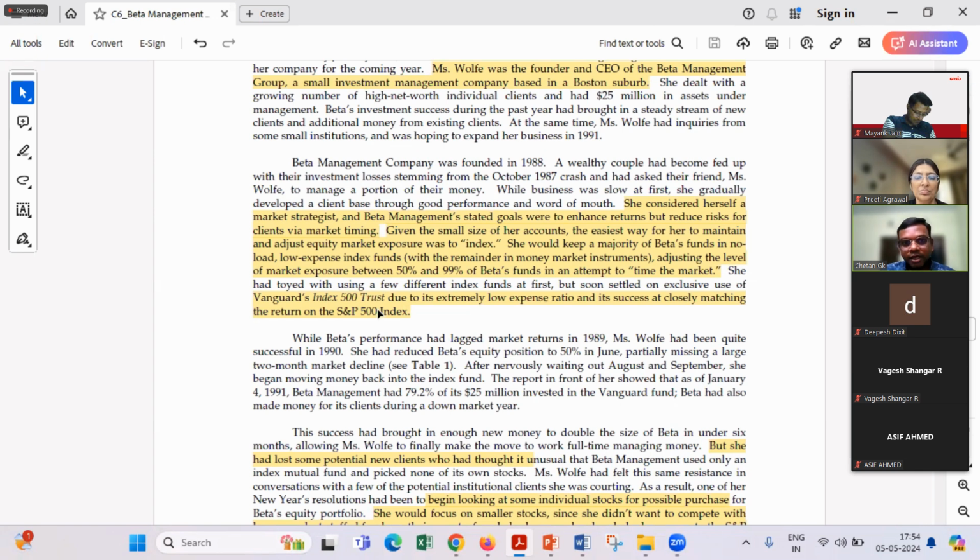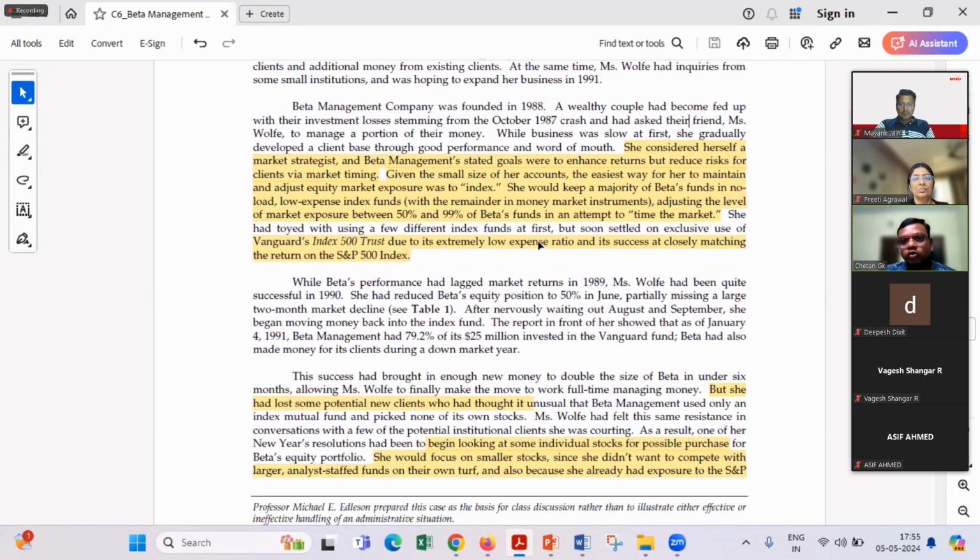And Vanguard Index 500 Trust is the name of the mutual fund. What Miss Wolf did is she went with this particular mutual fund because it is closely tracking the returns of the S&P 500 index. Okay, so that is the reason she went with this, and also it has a low expense ratio.